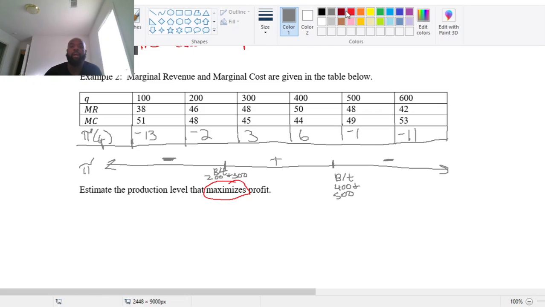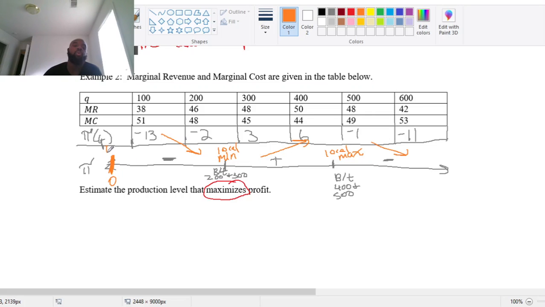This is the information about our profit function, which means our regular profit function is decreasing, then increasing, and then decreasing, right? So that means that our profit reaches a local minimum here, and it reaches a local max here. Now, there's going to be a zero over here.